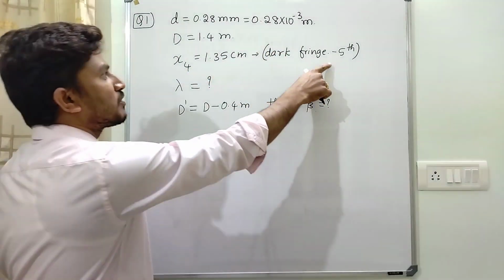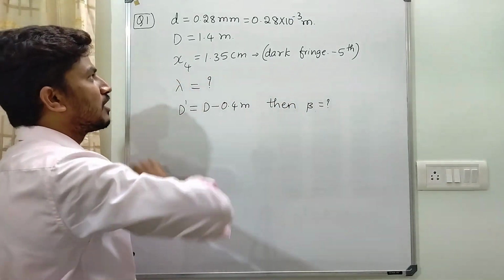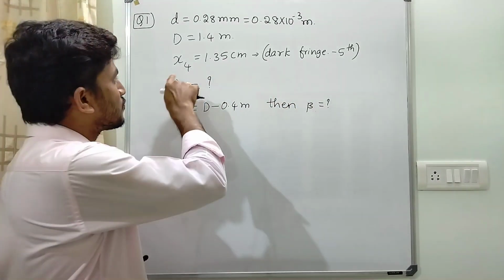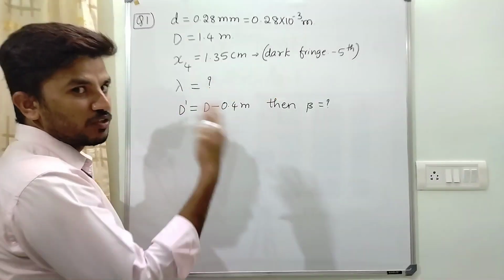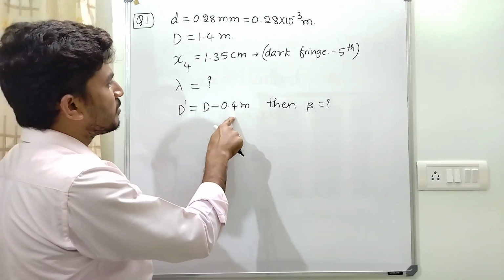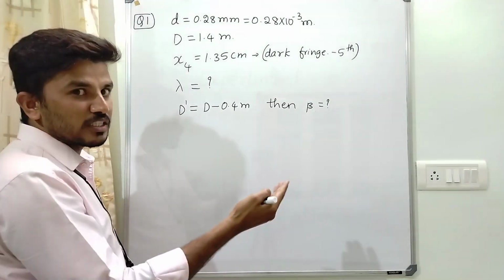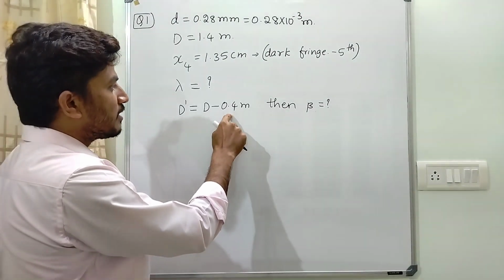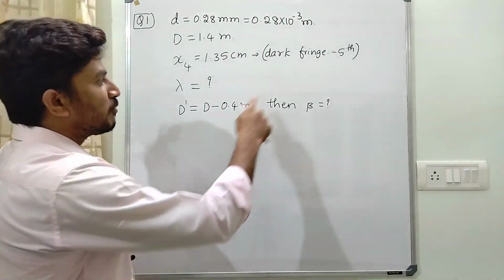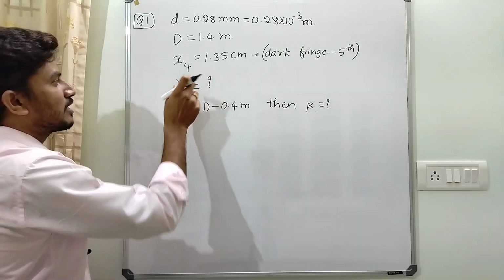So for the fifth dark fringe, we have to take n value as 4. X4 is equal to 1.35 centimeter and lambda we need to calculate. Then D dash is equal to D minus 0.4, this is the new case. If the distance between the slits and the screen is decreased by 0.4 meter, then what will be the new fringe width? So let us calculate lambda here.